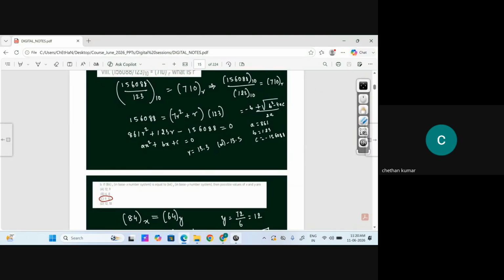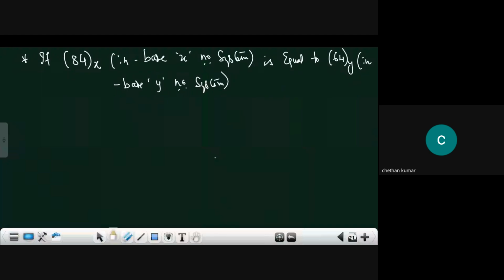Then what are the possible values of x and y?